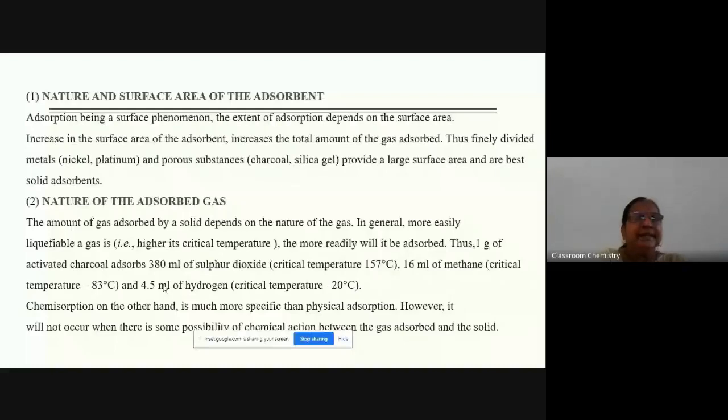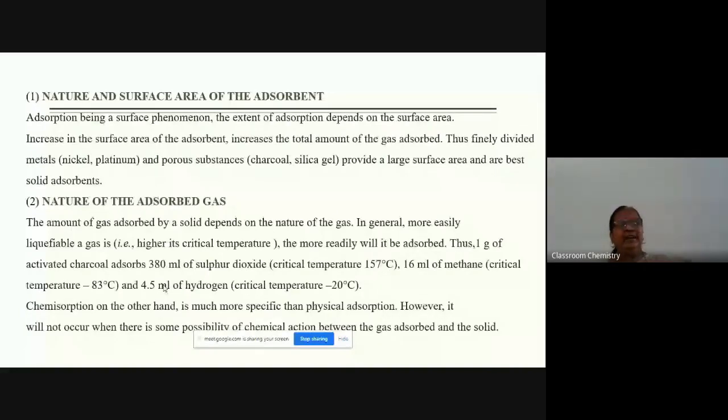Then consider the nature and surface area of the adsorbent. Adsorption is a surface phenomenon, and therefore the extent of adsorption depends upon the surface area. We have seen that adsorption is a surface phenomenon.